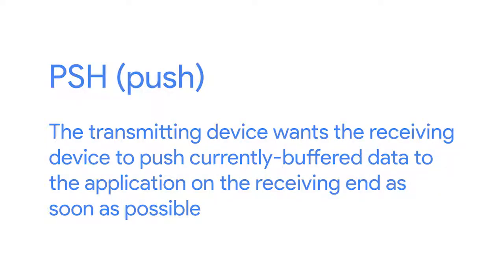The third flag is PSH, which is short for push. This means that the transmitting device wants the receiving device to push currently buffered data to the application on the receiving end as soon as possible. A buffer is a computing technique where a certain amount of data is held somewhere before being sent somewhere else. This has lots of practical applications.